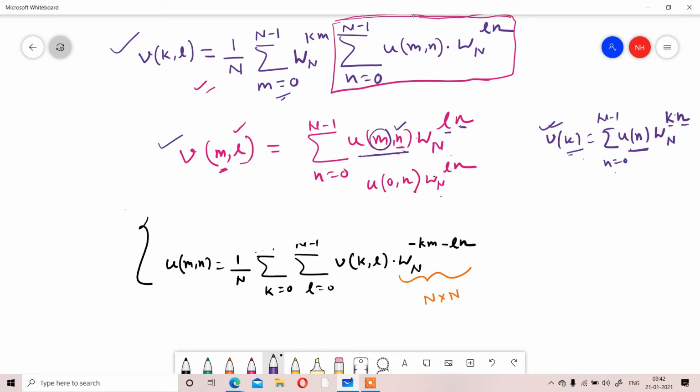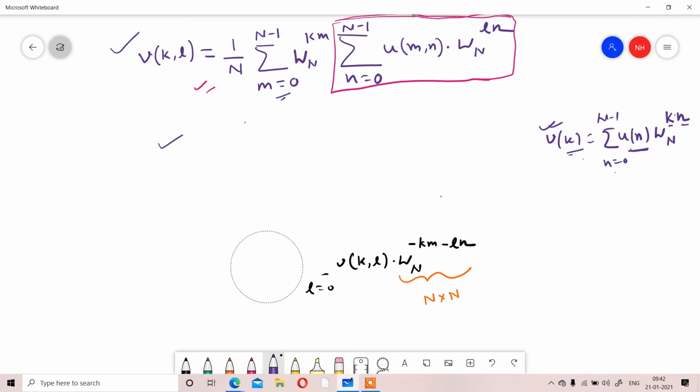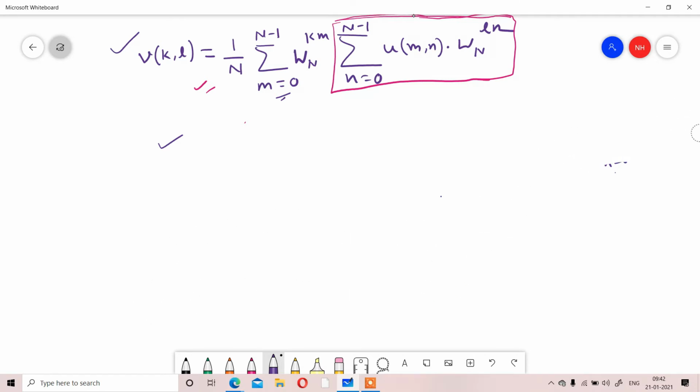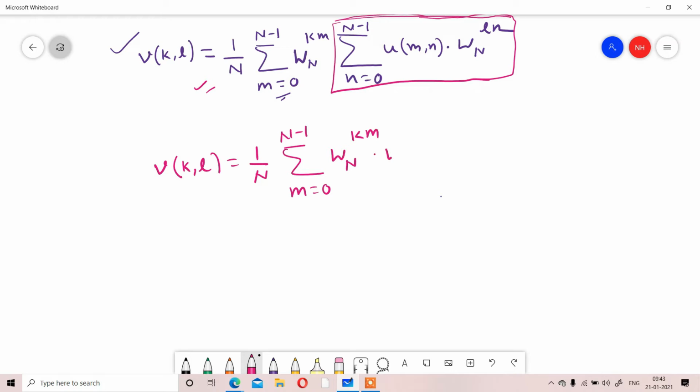That means V of KL equal to 1 by n summation m equal to 0 to n minus 1 Wn of Km into V of ML, that you are getting.